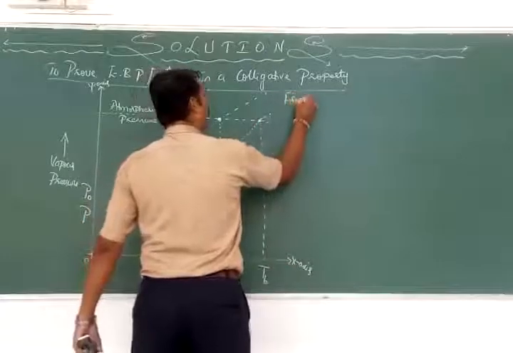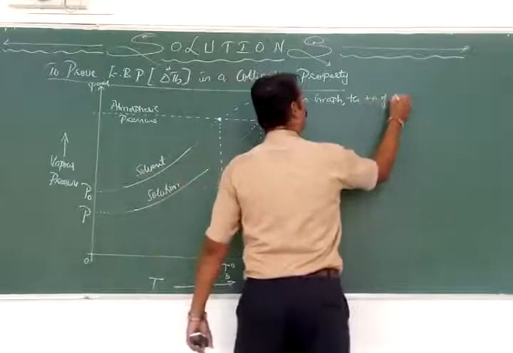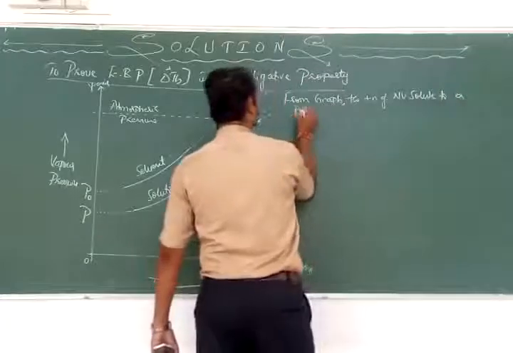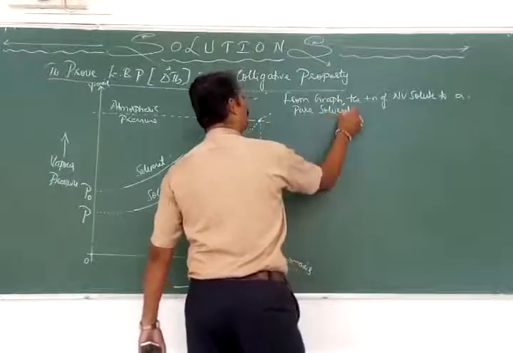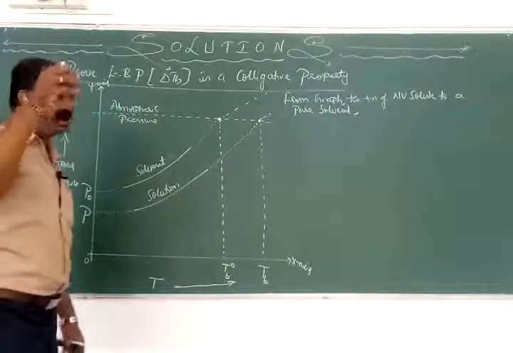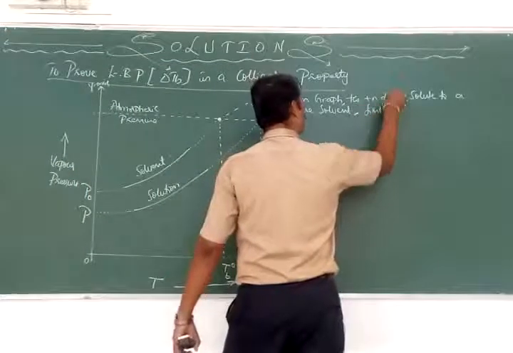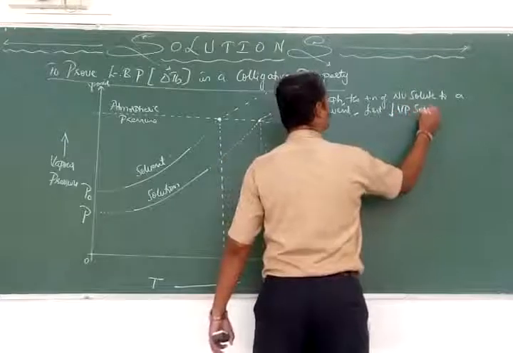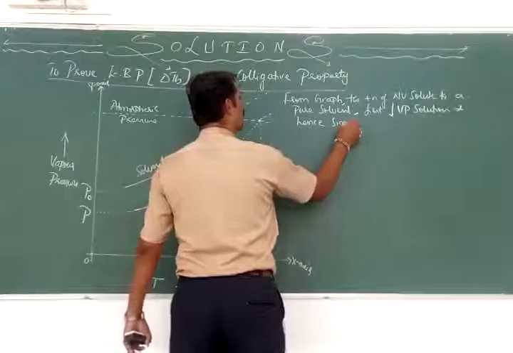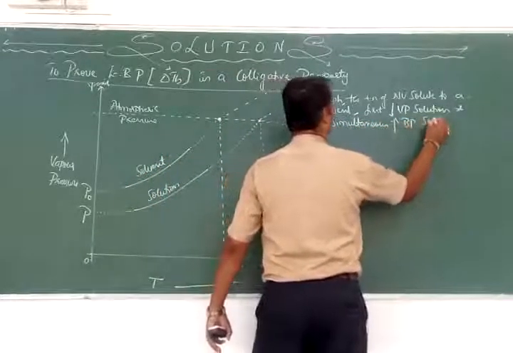So first, what can we decide from the graph? The addition of a non-volatile solute to a pure solvent first decreases the vapor pressure of the solution, and hence simultaneously increases the boiling point of that solution.